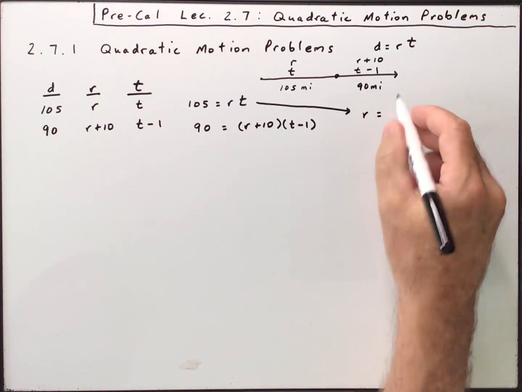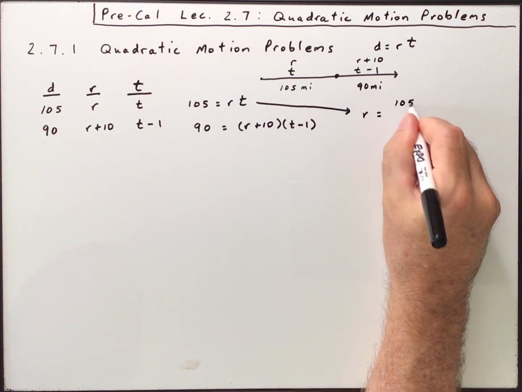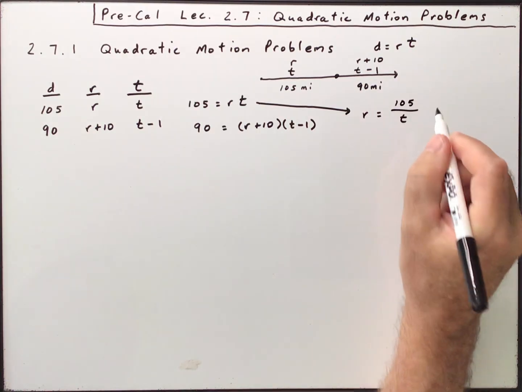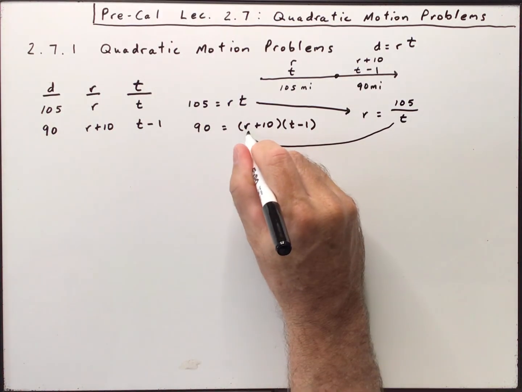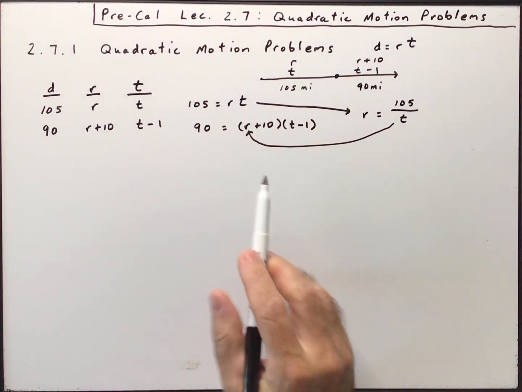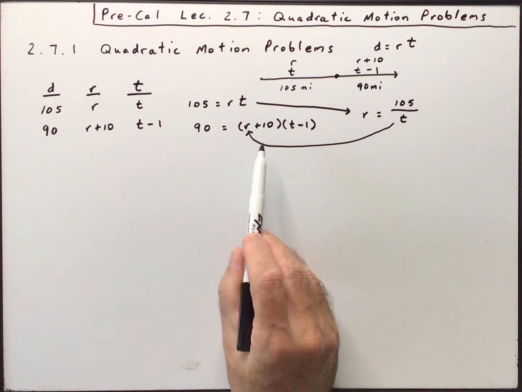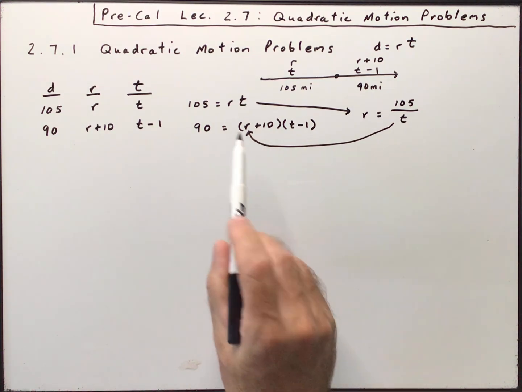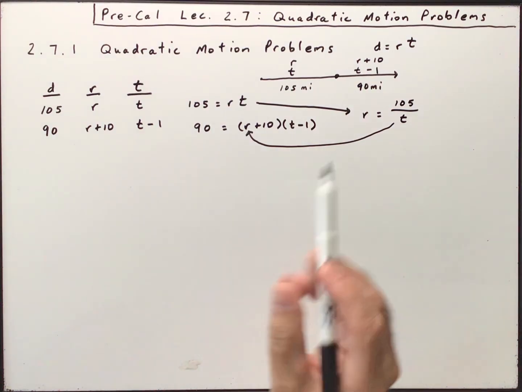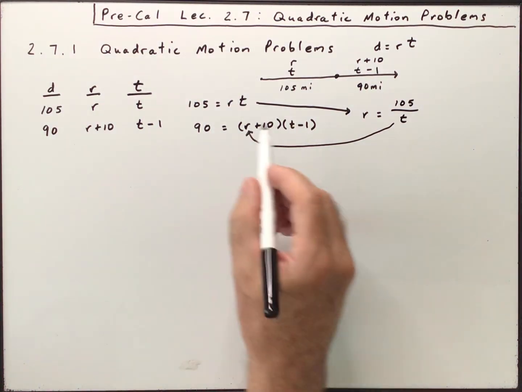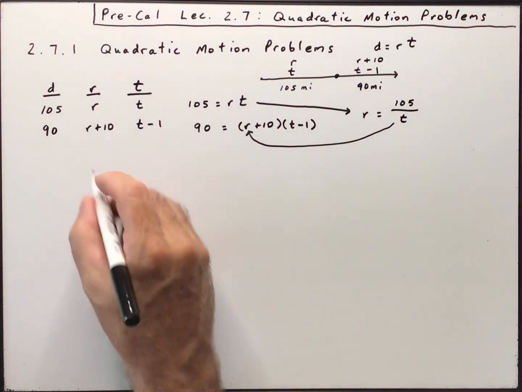R is going to be 105 over t. Now I can plug that into r right here. And all I'll have is t's in the equation. If it asked for the rate, then I would solve for time. T is 105 over r and plug that in for t. But you want to get the correct variable in your equation.